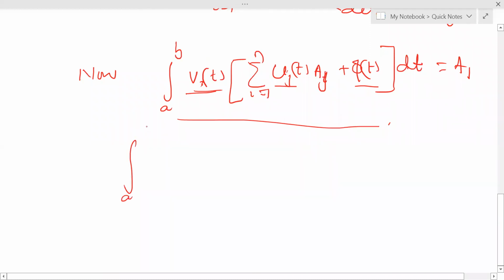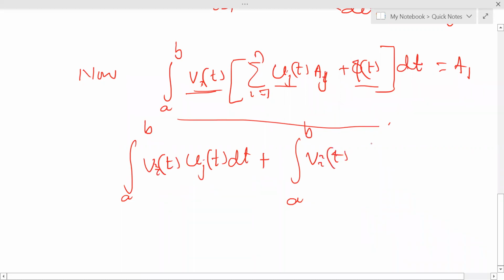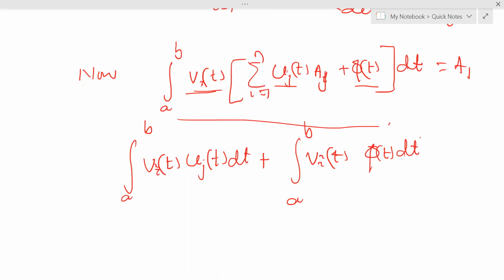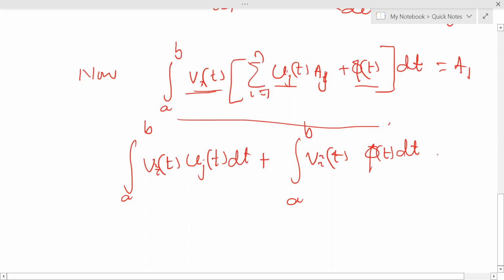Now this is the integral from a to b of v_i(t) u_j(t) dt plus the integration from a to b of v_i(t) phi(t) dt, which is equal to a_i, already evaluated.